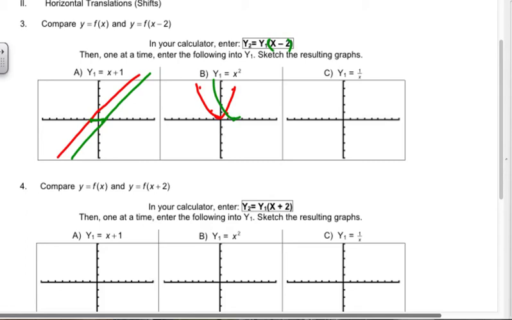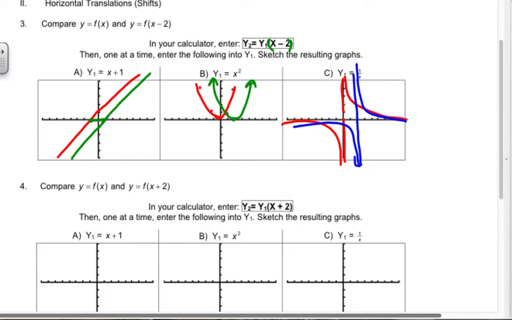So a new parent function, or the daughter function, is going to look like that. Same thing with the rational. Only now this thing right here gets moved over 2 units to the right. So it's going to look like this and like this.